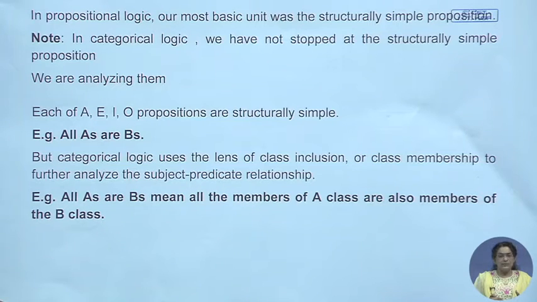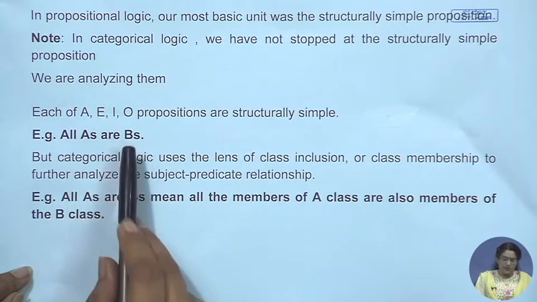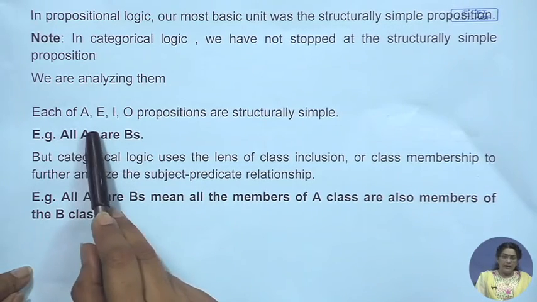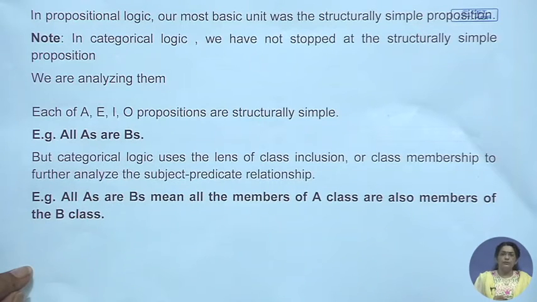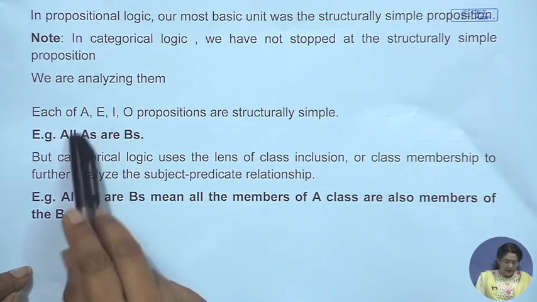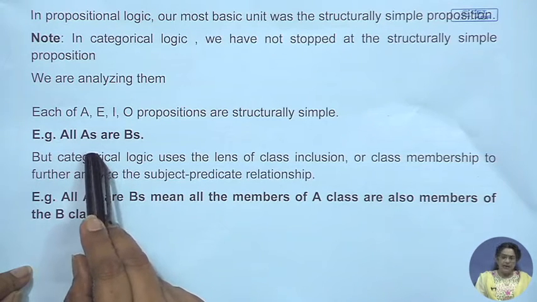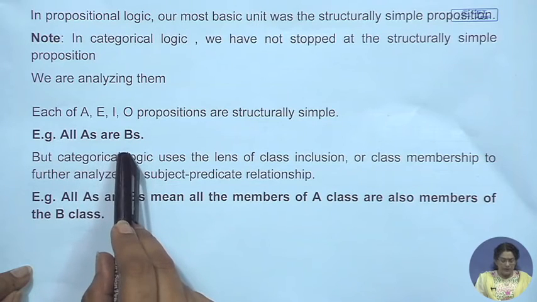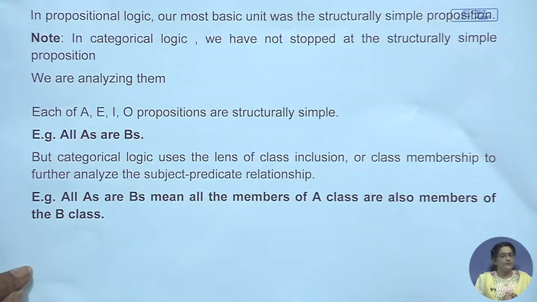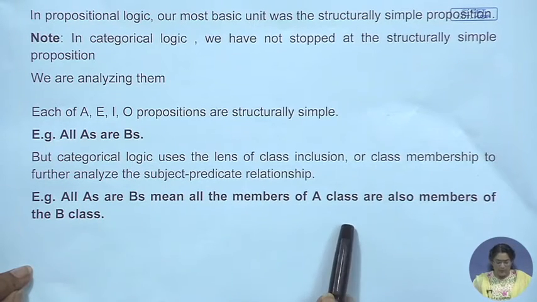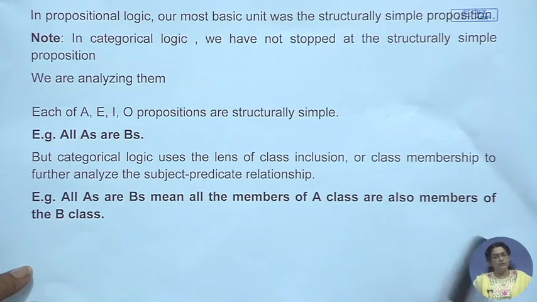Looking through class inclusion, we see a distinct relationship: all of A is included in B. What does that mean? If A is a class, then every member of the class A is included in the class B. So all members of the A class are also members of the B class.